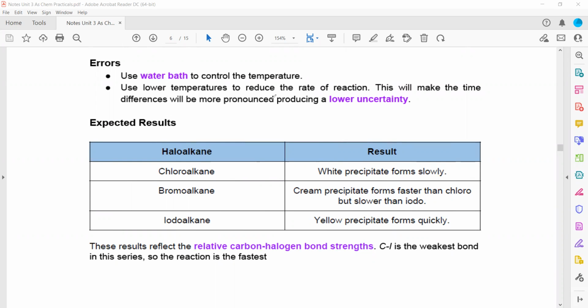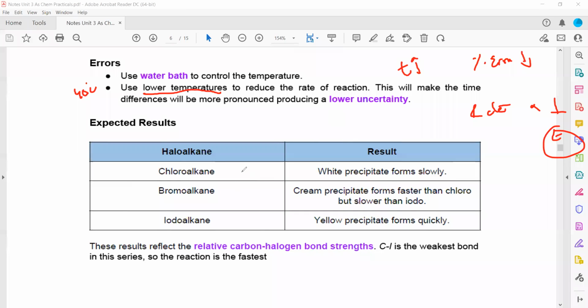If the temperature is high, maybe the reaction occurs within 3 seconds, so the percentage error will be high because the value recorded is small. If we lower the temperature, like repeating the same experiment around 40 degrees, the halogenoalkane will take longer, so we record a longer time, and the percentage error will be reduced because the value recorded is higher.